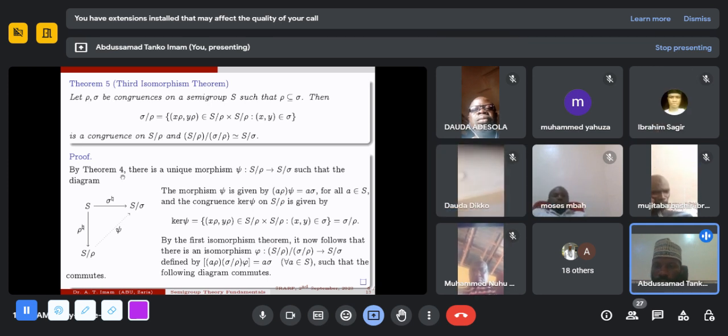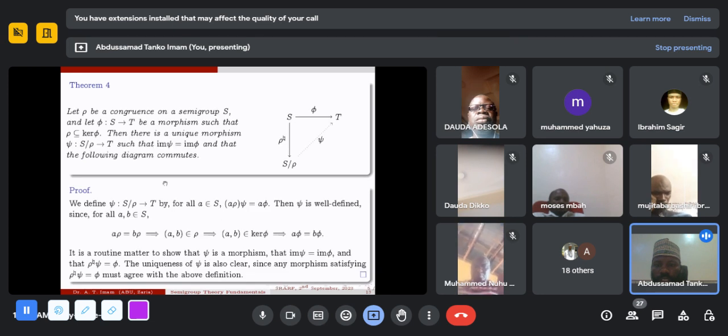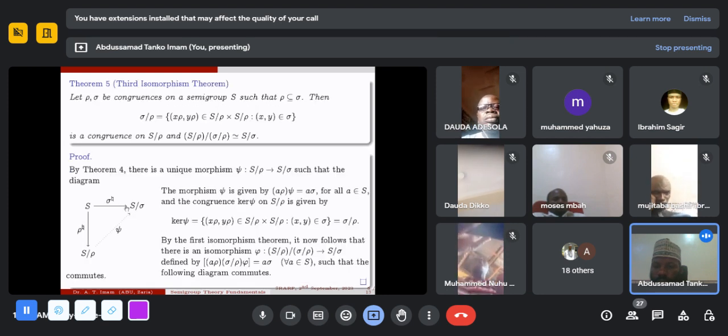So by that theorem 4, because there is a unique morphism psi from S by rho into S by sigma. So in other words, if you, in that theorem, you replace T over here by S by sigma, then there is a unique morphism. This is how you apply theorem 4 here.